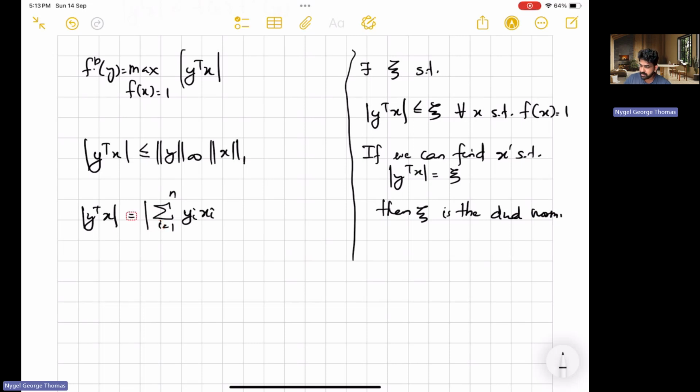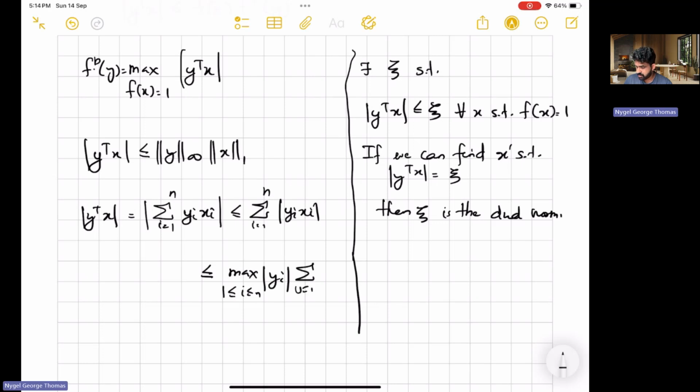This is less than or equal to the sum of the moduluses, modulus of yi xi, which indeed is less than or equal to the max over 1 less than or equal to i less than or equal to n of modulus of yi, times the sum over j equal to 1 to n of modulus of xj.